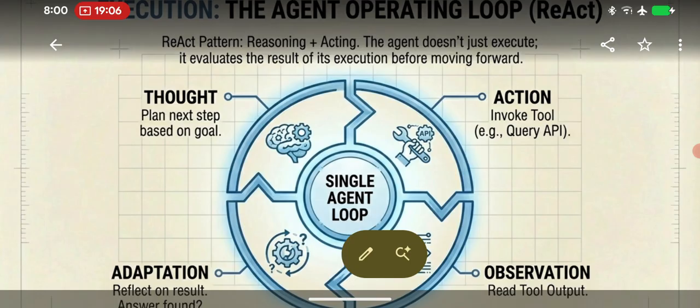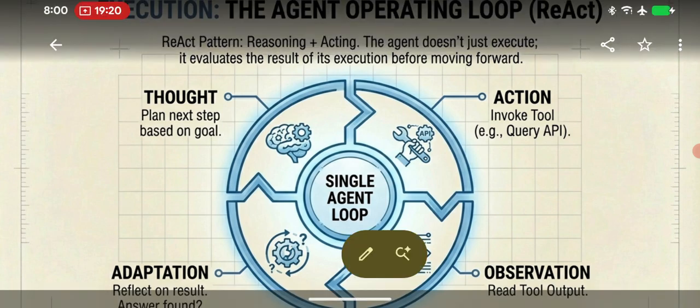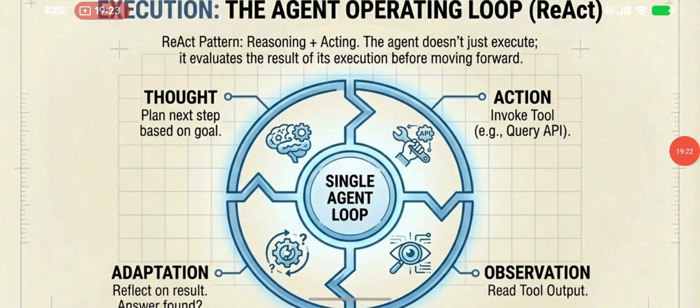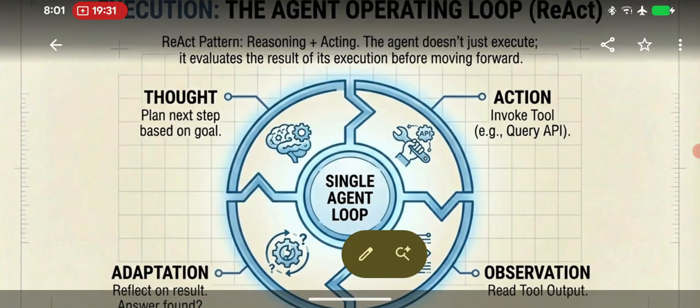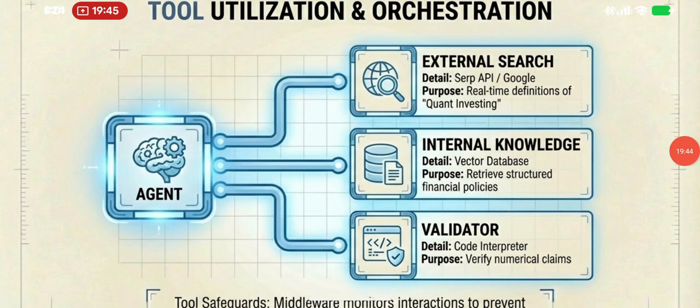For doing the action in any agent, tool API calls are available, and if information can be gathered from a knowledge base, it will gather it from there. Then the observation is done by reading the output, and finally it will reflect on the result, and if the result is not as expected, it will redo the cycle.